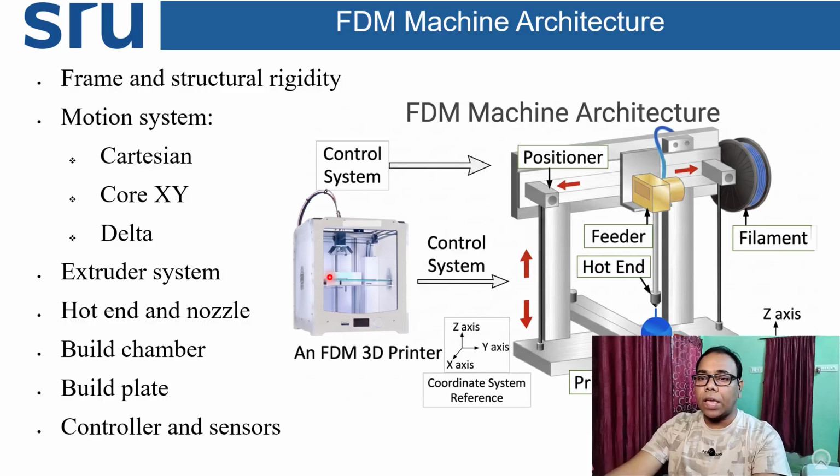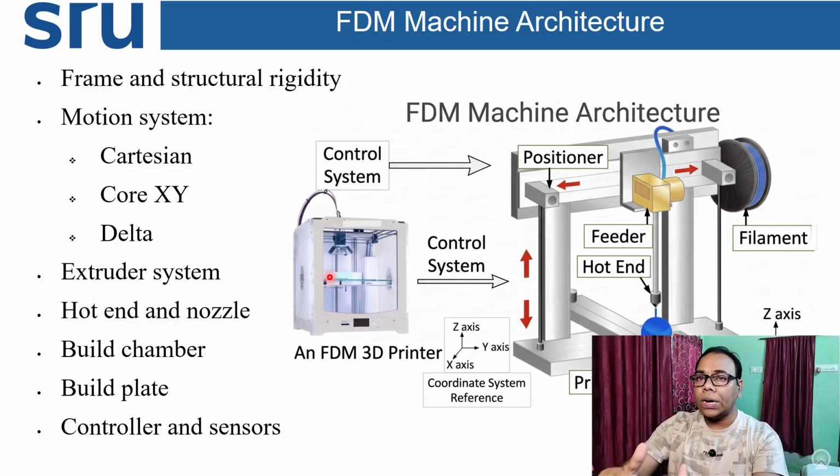Now coming to the FDM machine architecture. This is a very important concept, because nowadays a lot of companies are developing their own 3D printing machines. Even in the lab itself one can develop a 3D printing machine.